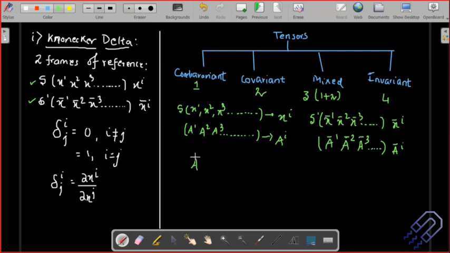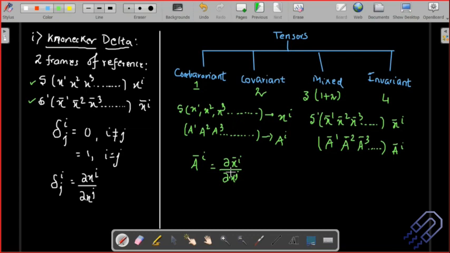We have got a relation from the prime to the unprime. So a bar i, if I write it down, that means I am in the S dash system, and this is written as del x i bar divided by del x j.